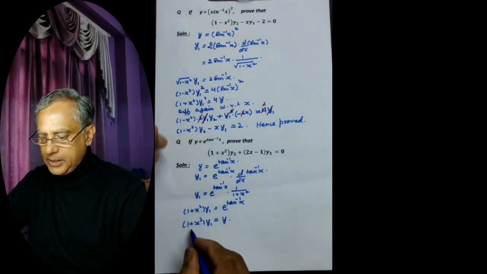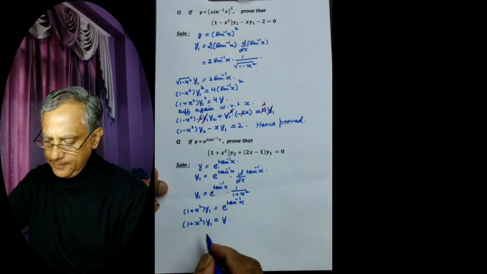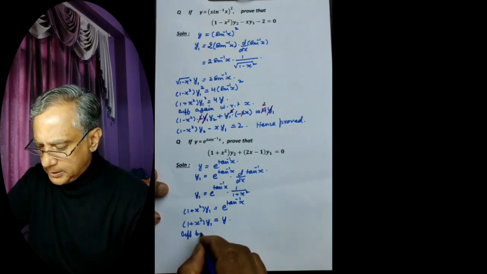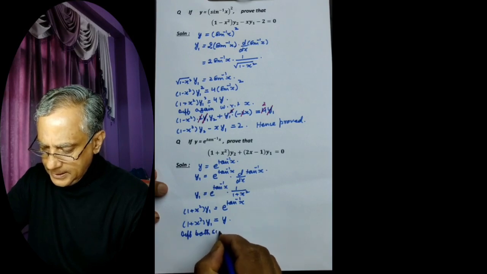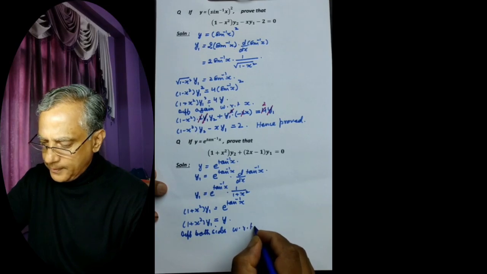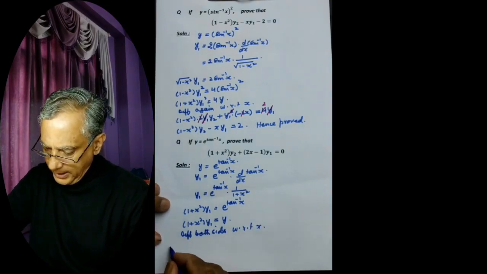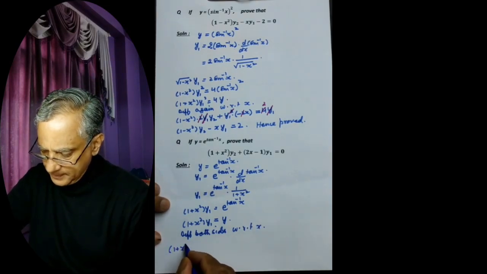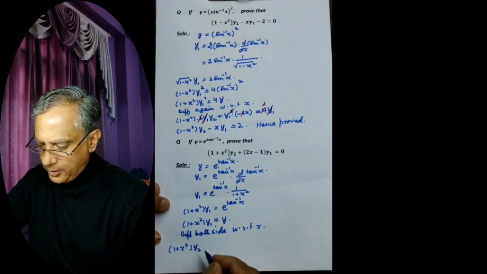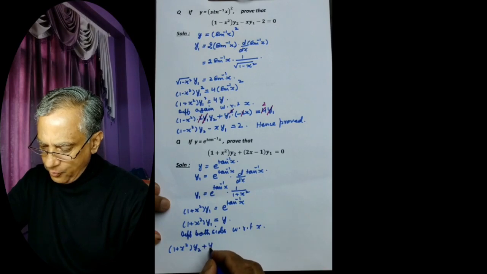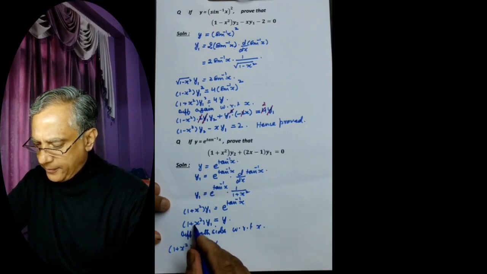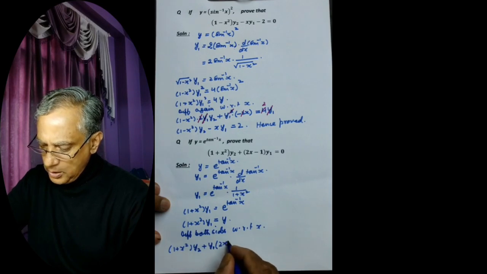Now differentiate this with respect to x. What we get is first function into differentiation of second. Differential of y1 is y2, plus second function into differential of first. Differential of first is 0, and differential of this is 2x.